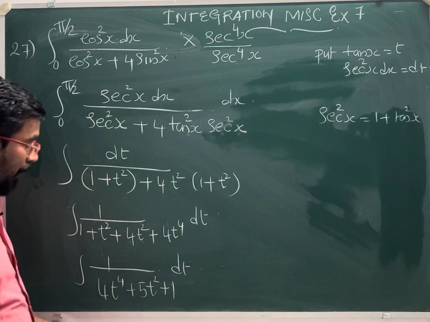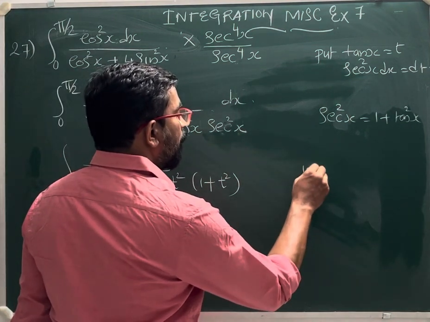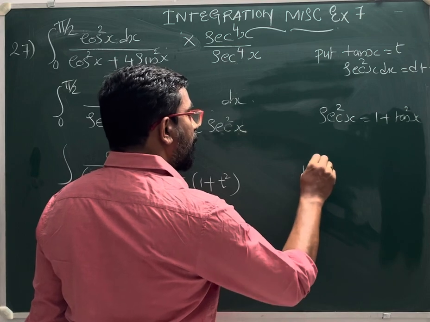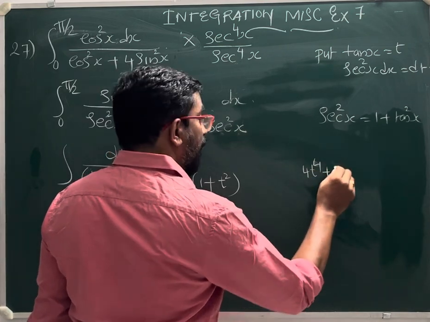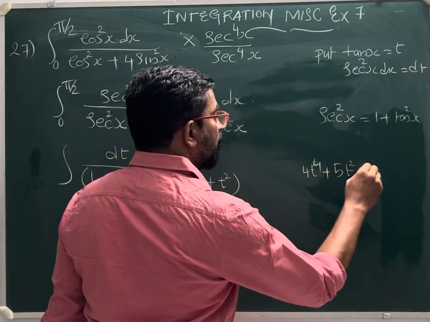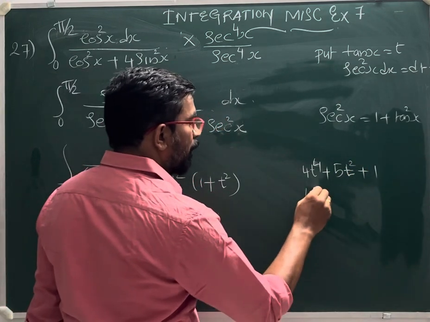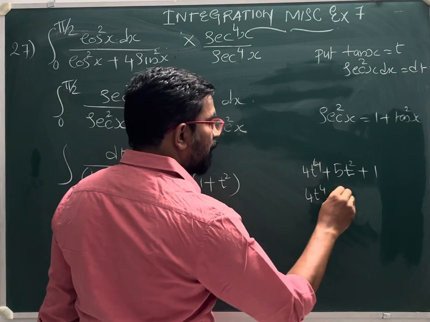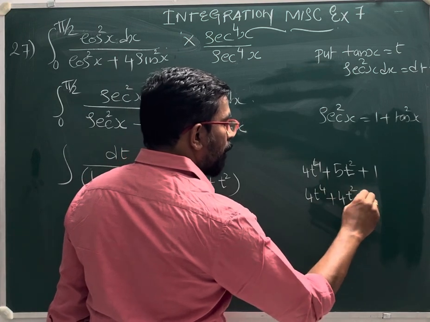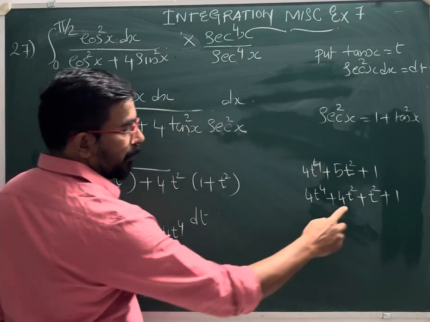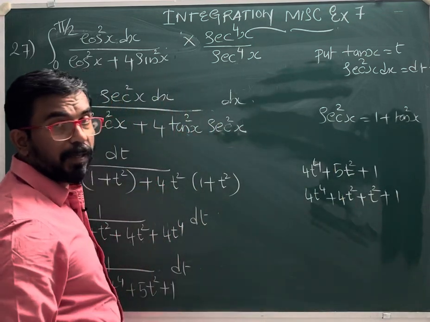So I will write 4t power 4 plus 4t square plus 1t square plus 1. I split it, you know that technique.